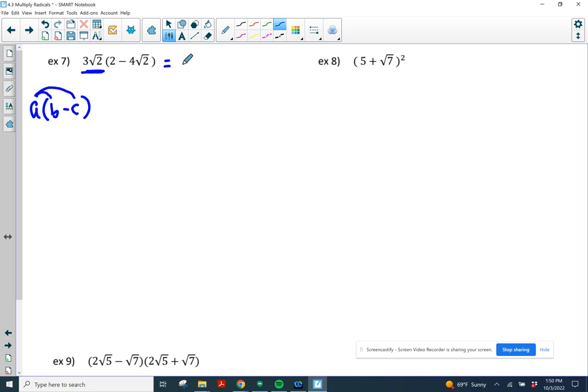So I'm going to do 3 times the square root of 2, multiplying with 2, minus 3 times the square root of 2 times my 4 square roots of 2. Okay, so 3 times 2 is 6, so I have 6 times the square root of 2. And then right here, I have 3 times 4 is 12.